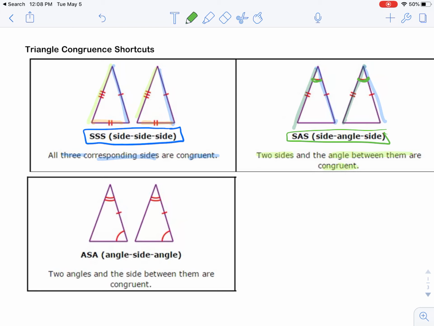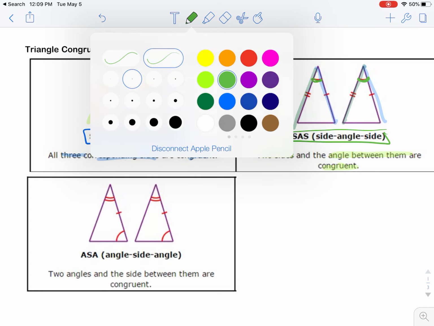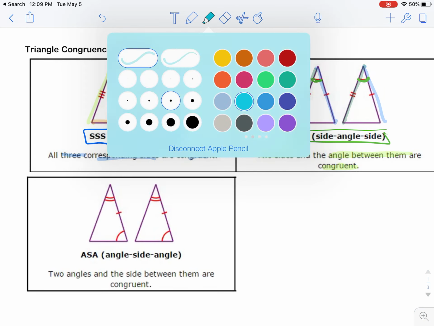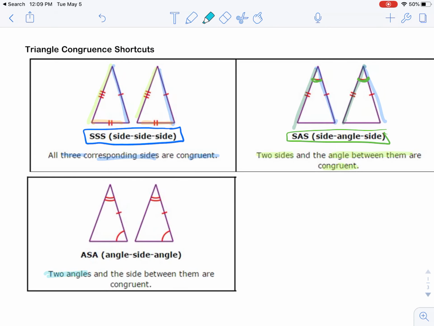The last one we're going to talk about, and there's more than this, but these are the only three we're going to cover, is angle, side, angle. So what this says is if I have two angles and the side between them, that's enough to say that the triangles are congruent.